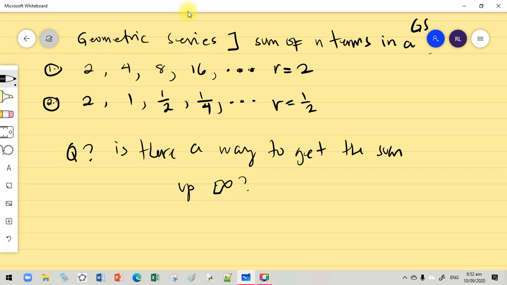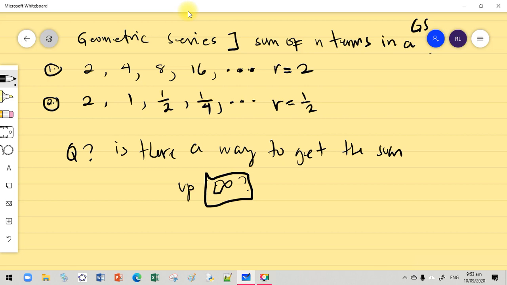As you can see, when the sequence progresses, the numbers become bigger, and because we're concerned with getting the sum to positive infinity, I think that is not possible for a problem like number 1. The terms just become bigger and bigger, and imagine if that's going to positive infinity.